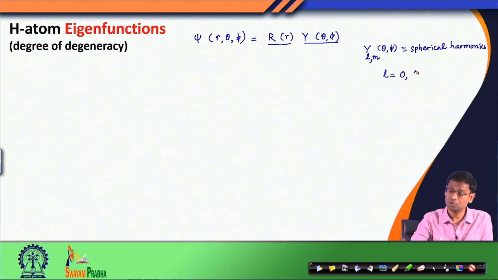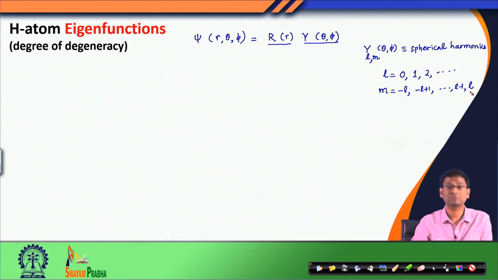So, L is 0, 1, 2 and so on, and for each value of L, I have 2L plus 1 values of M, where the M values go from minus L to plus L in steps of 1.